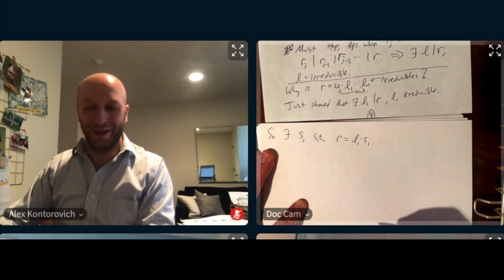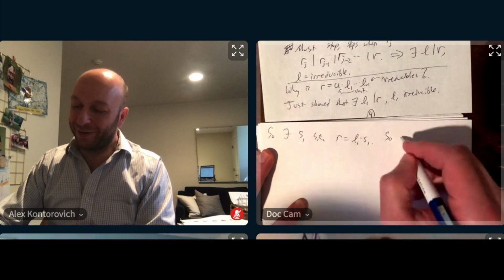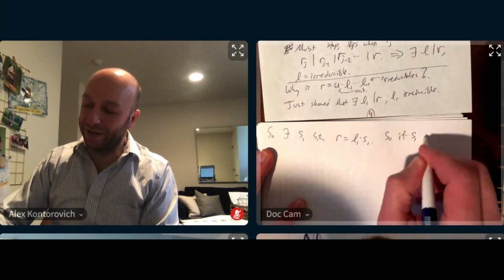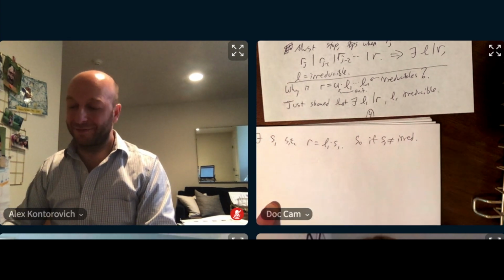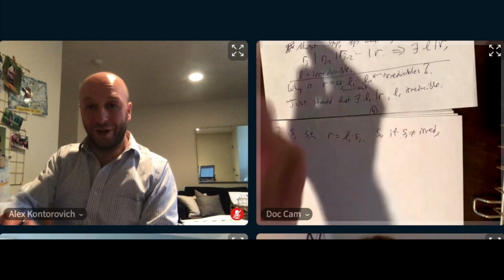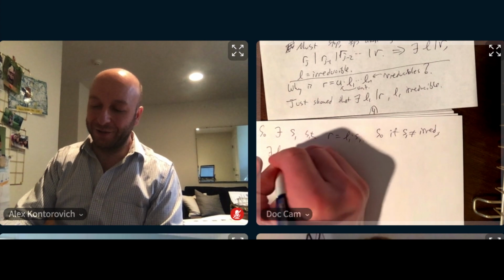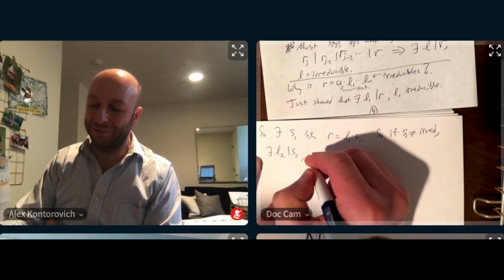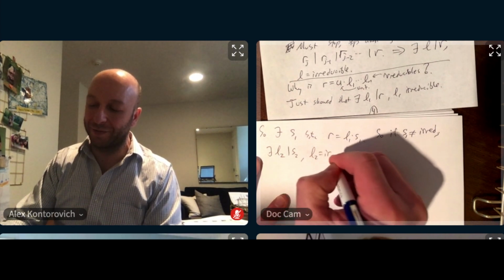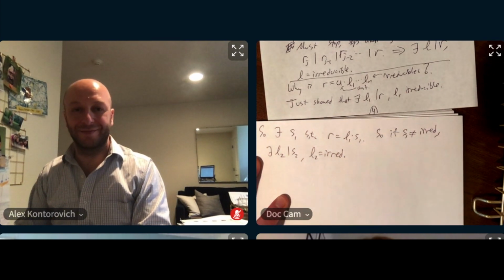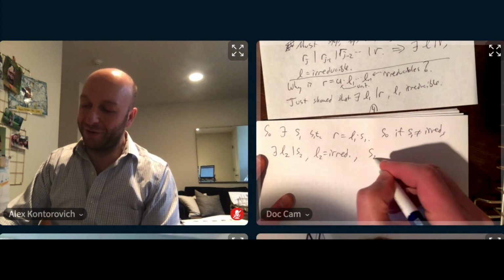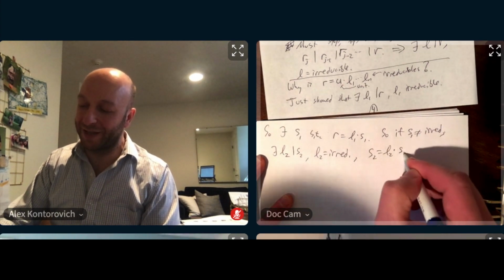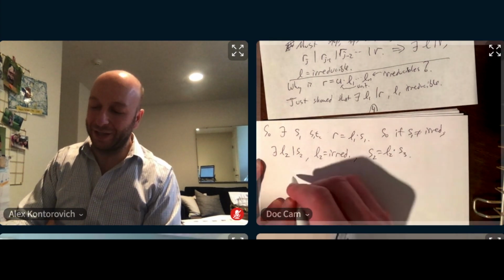Exactly. Repeat the process on S1. So if S1 is not irreducible, by the previous lemma, there exists an L2 dividing S1 that is irreducible. L2 is irreducible. And S1 is equal to L2 times some other element, S2. And so now we get this chain.